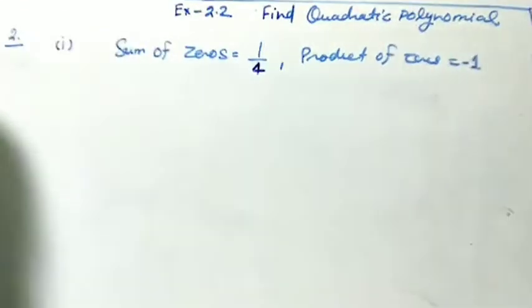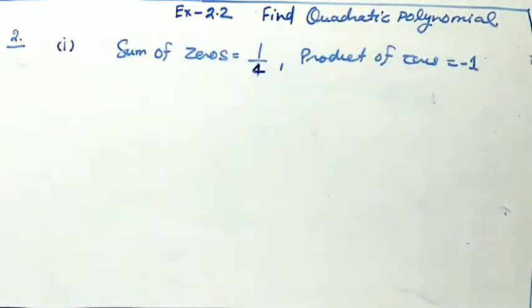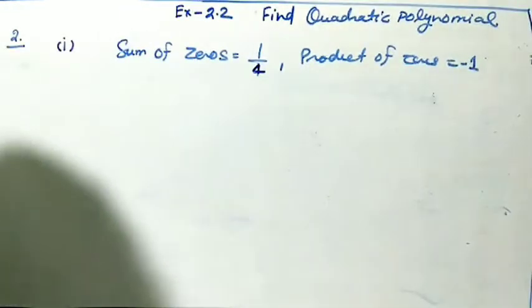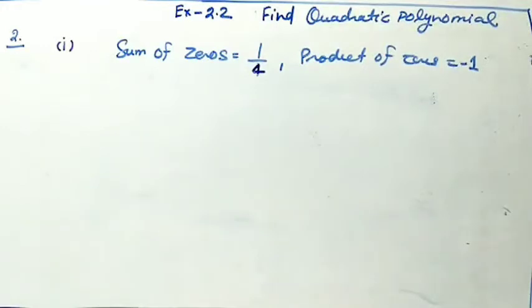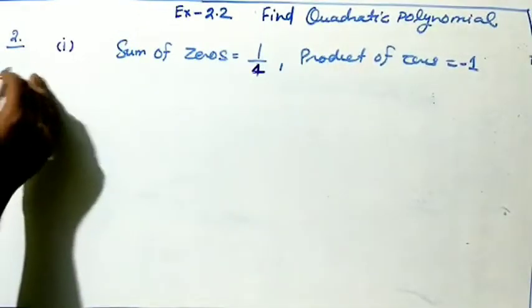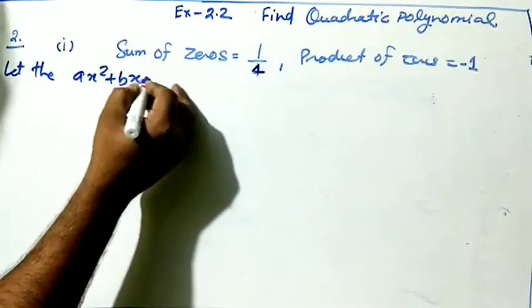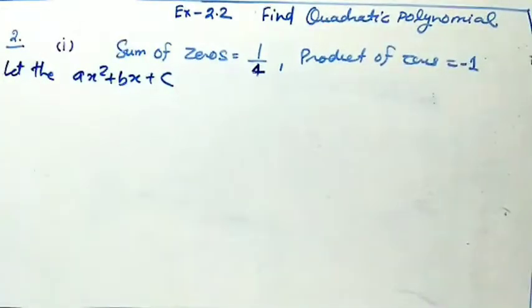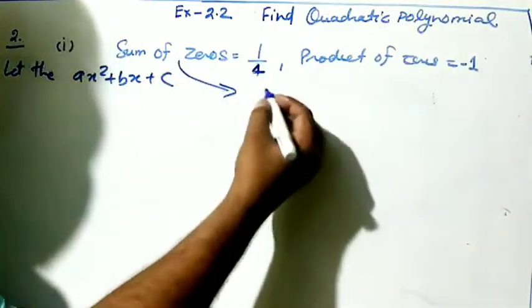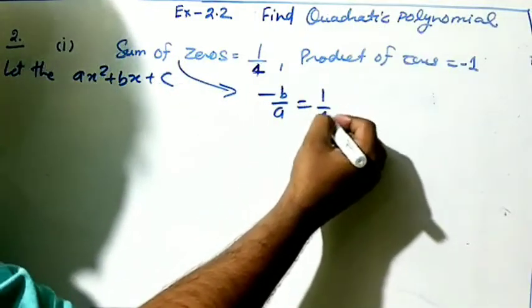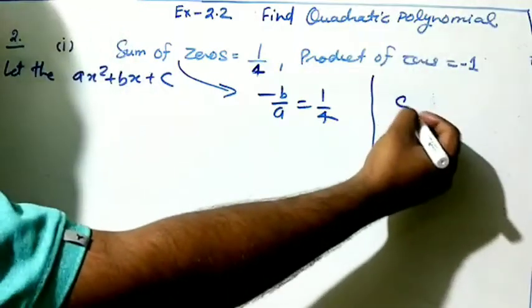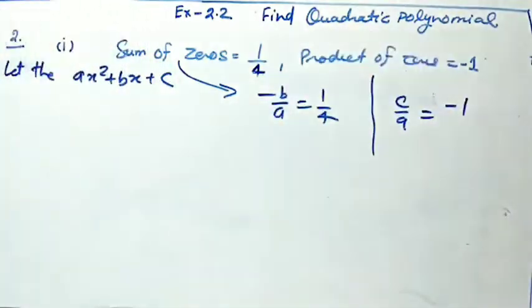So next question of exercise 2.2, we have to find the quadratic polynomial, and they have given sum of zeros 1 upon 4 and product of zeros minus 1. So we know, let the quadratic polynomial be ax square plus bx plus c, and sum of zeros is minus b upon a equal to 1 upon 4, and product of zeros c upon a equal to minus 1.